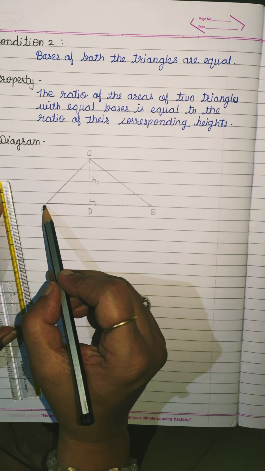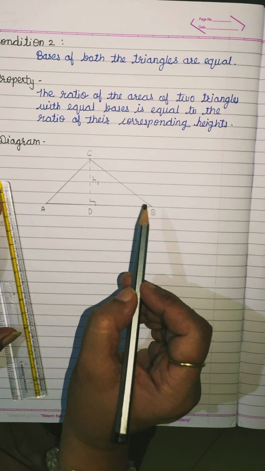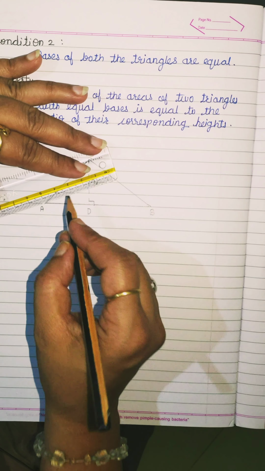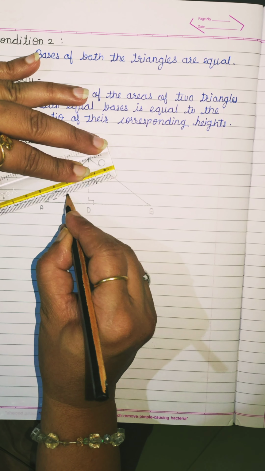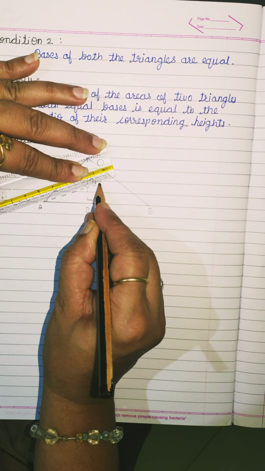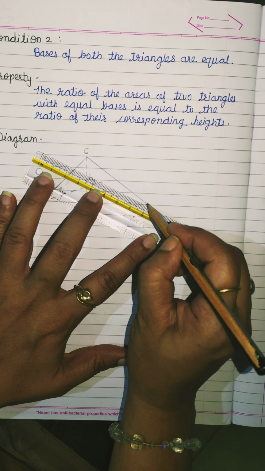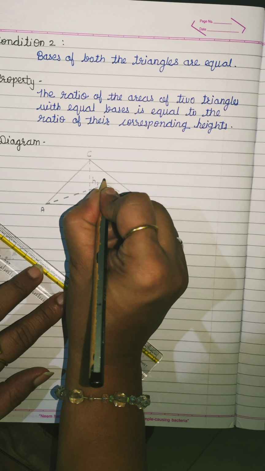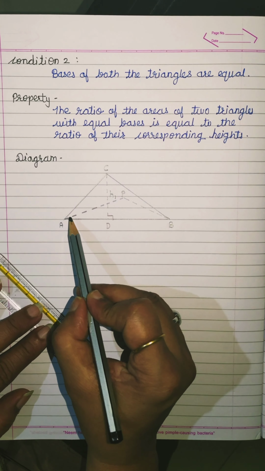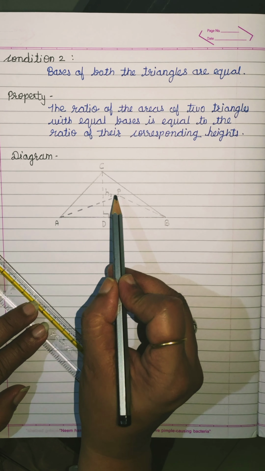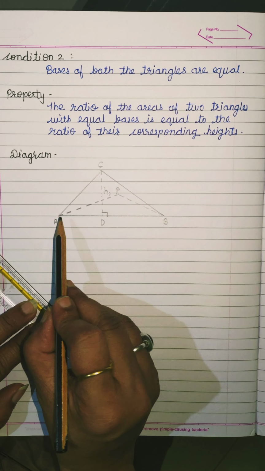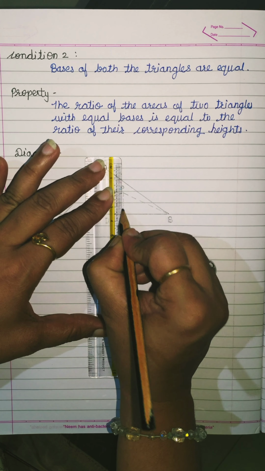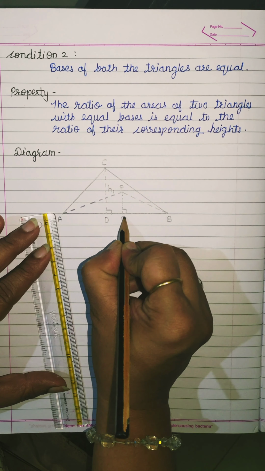Now, on this base we will draw another triangle which will have the same base, that is AB. Let's draw that triangle. Suppose the other triangle is APB, which has the same base AB and its height is PQ.